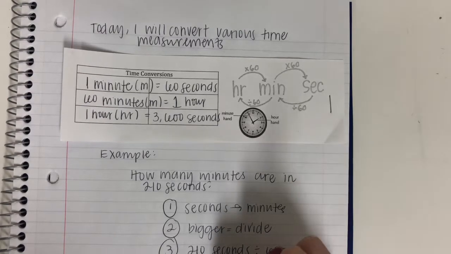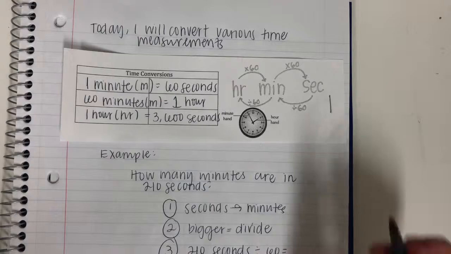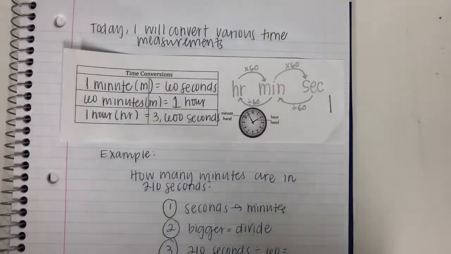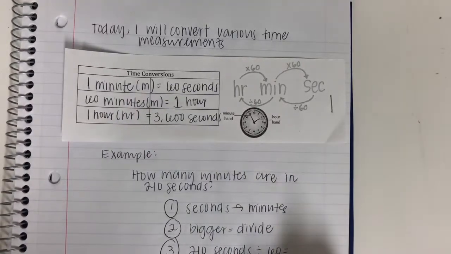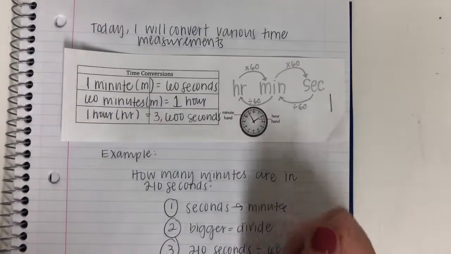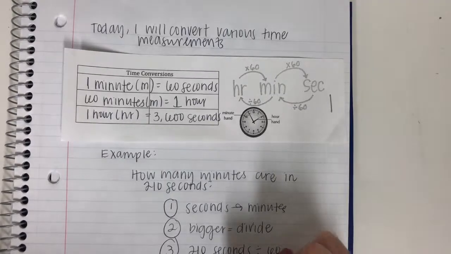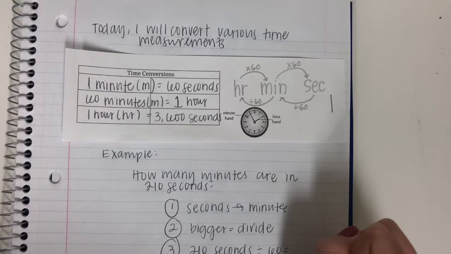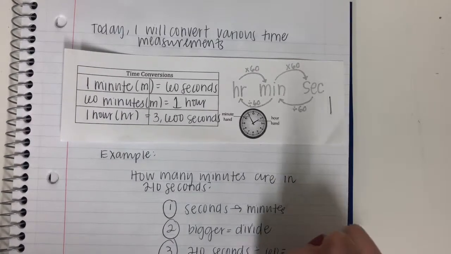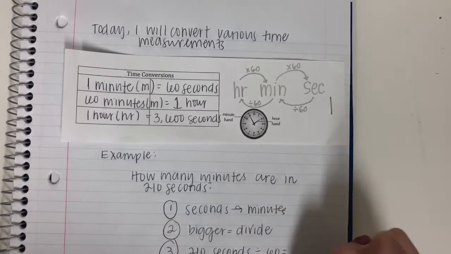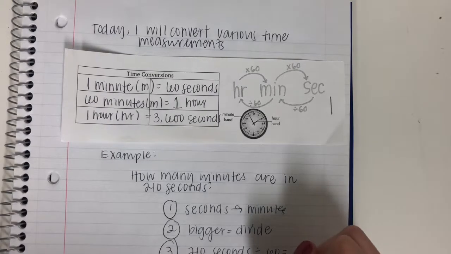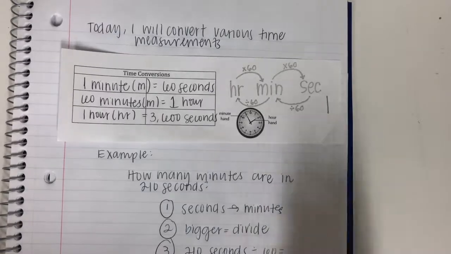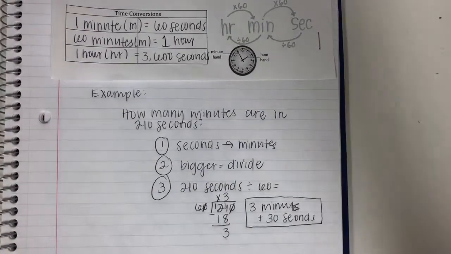Borrow 11 minus 3. So we have 3 whole minutes, and we have 3, which is actually 30. So we have 3 minutes and 30 seconds in 210 seconds.